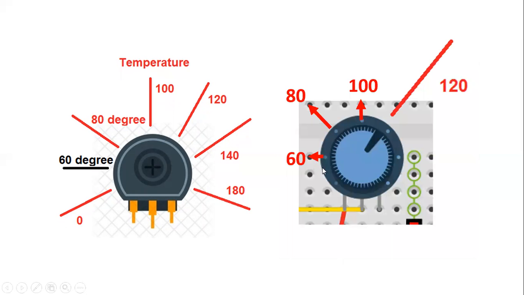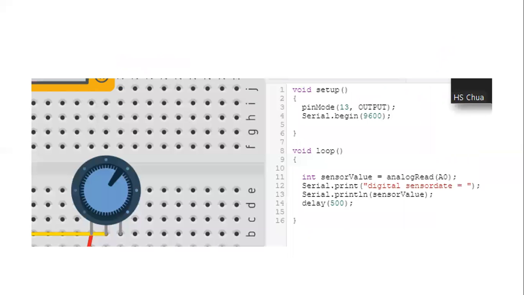Again, same thing, we use TinkerCAD to simulate the digital data so we can do the temperature control. So here this is 60 degrees Celsius, 80 degrees Celsius. But this is all analog output data. We still need to do some experiments to get the digital data. Same thing, come up with this programming.